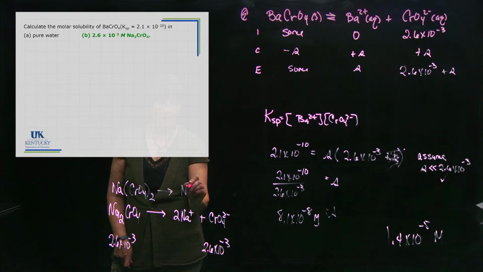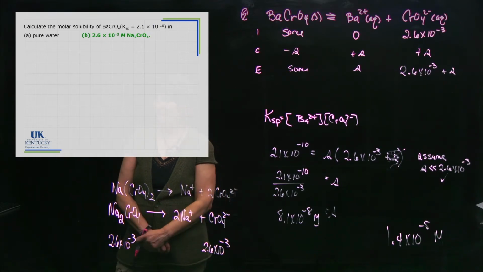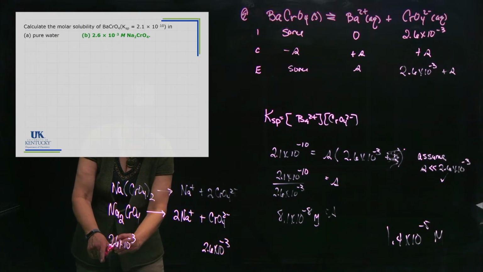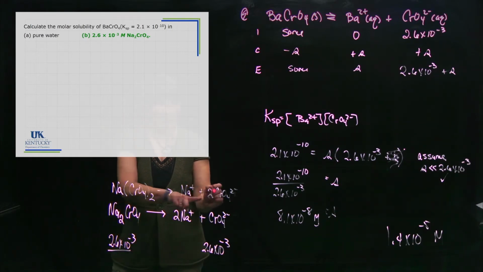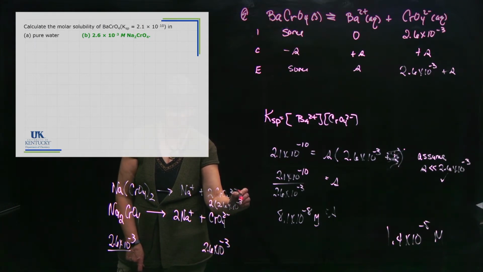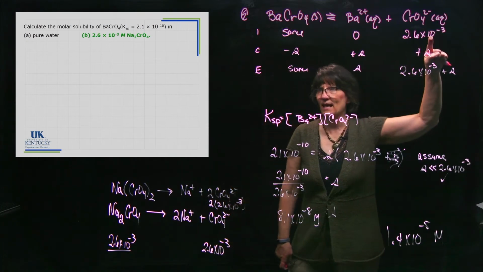That means it would break apart into sodium plus and 2 of these chromates, right? So if you started with this concentration of the whole thing, then what would be the concentration of chromate? Well, it would be 2 times that 2.6 times 10 to the minus 3. I would produce 2 of these for every one of those, and that number would go right here instead.